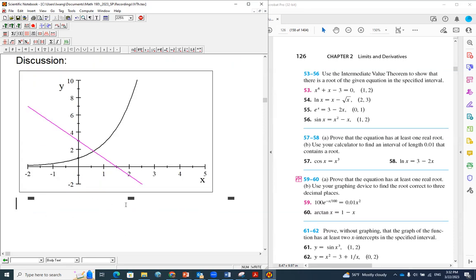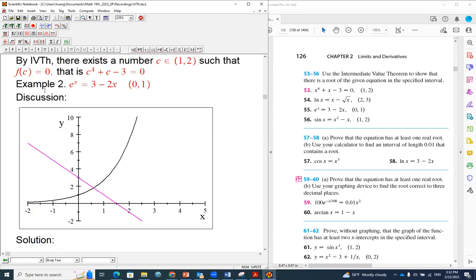Okay, so we're going to create a function so that both curves are involved. And how do we create such a function? The technique to create such a function is to make 0 in the given equation.